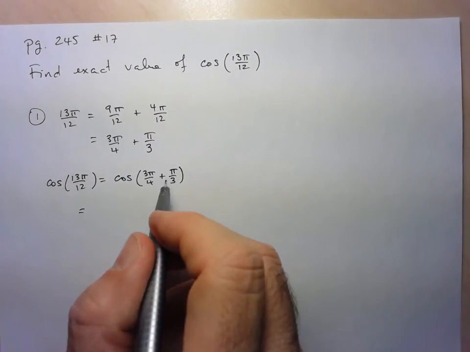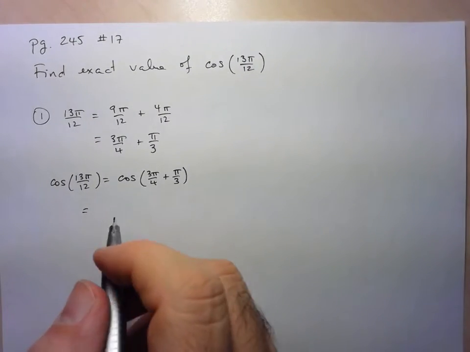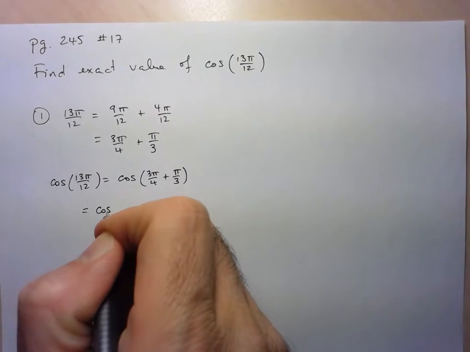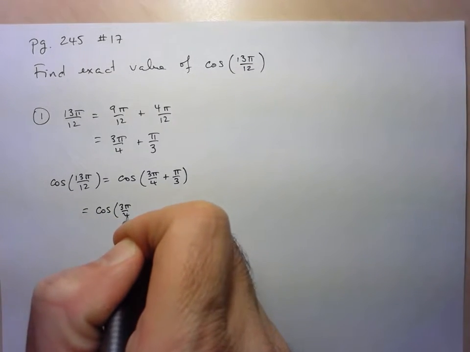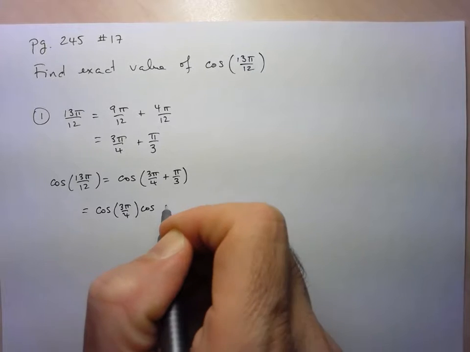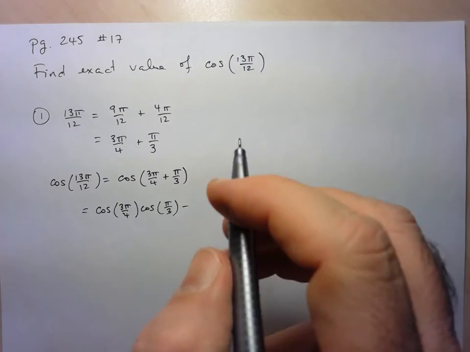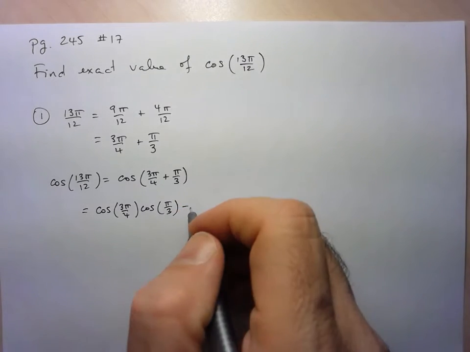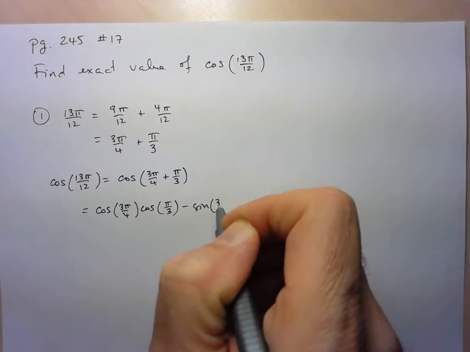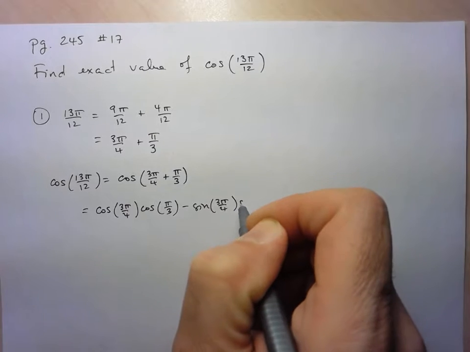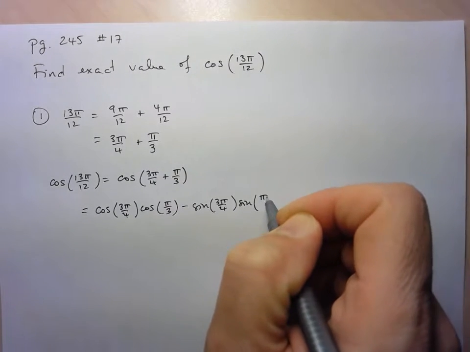to expand this so that it involves only the individual angles. The formula would be cos of 3 pi over 4 times cos of pi over 3, minus, remember cosine always uses the opposite operation, sine of 3 pi over 4 times sine of pi over 3.